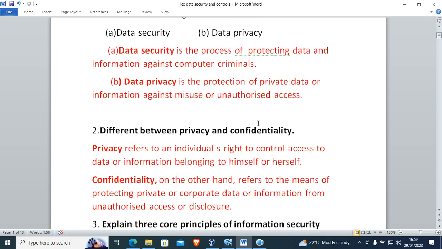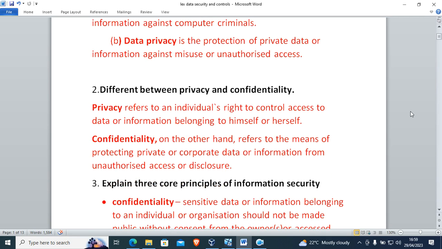Then we have differentiate between privacy and confidentiality. Privacy refers to an individual's right to control access to data or information belonging to himself or herself. That is the privacy. It is the right to control access.